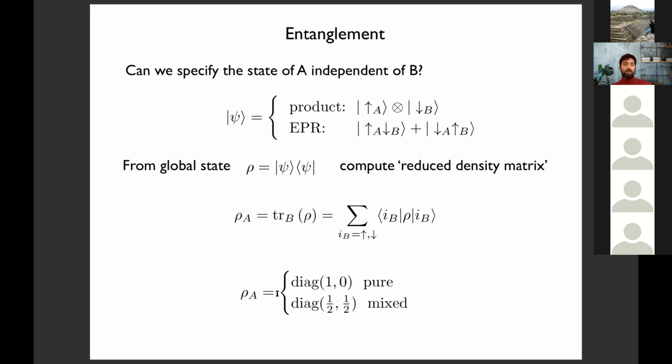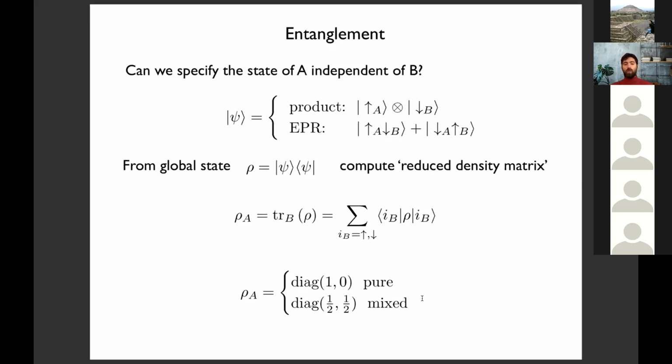Now, again, in this example, if you do this simple exercise, for the case of the pure product state, the reduced density matrix is going to be diagonal. It's going to have a 1 in one entry and a 0 in the other one. It's going to be pure, whereas the density matrix for the EPR pair is going to be proportional to the identity, and it's going to be mixed.